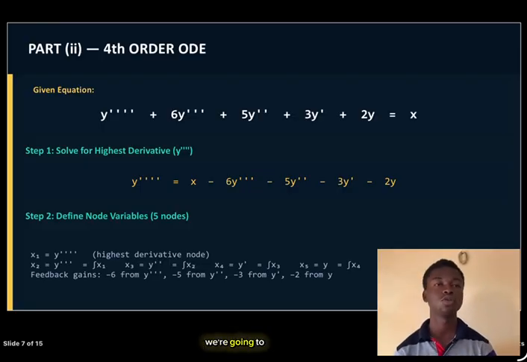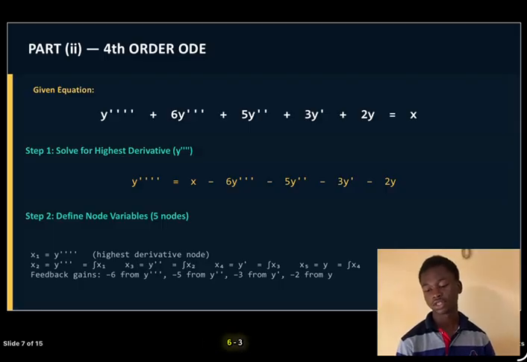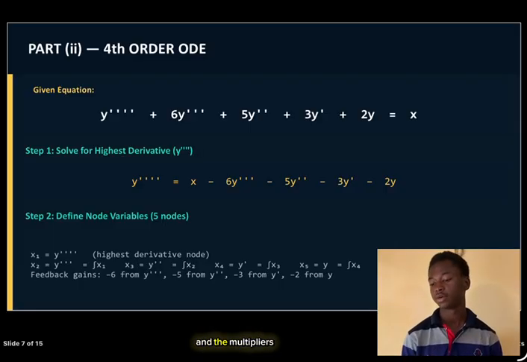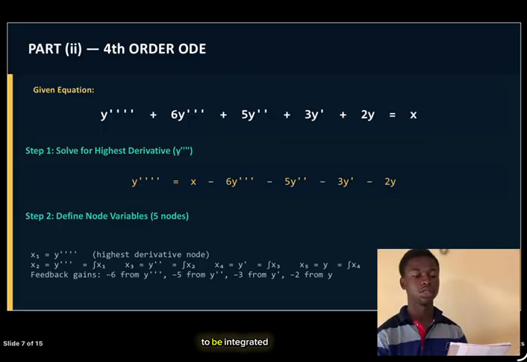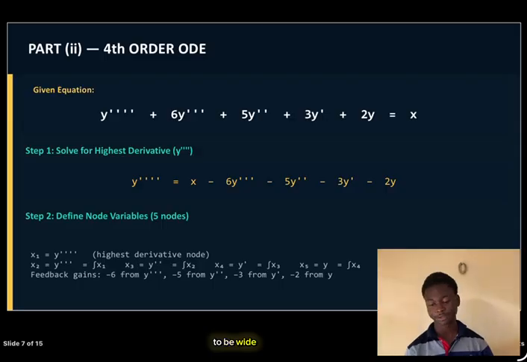So when we are done, we are going to get the gains: -6, -5, -3, -2, and the multipliers, which are going to be integrated down to y. Then we are going to do our signals.